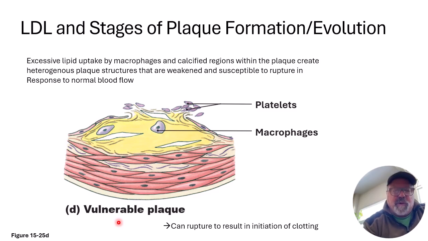Those are plaques that are vulnerable to rupture, and when they do, by releasing their contents into the bloodstream, they attract platelets and other blood clotting mechanisms to begin clot forming at the site of the ruptured lesion. And it's this rupturing of the lesion and clot formation that ultimately makes this situation the most dangerous, because the more clot is produced, it can then flow downstream and begin to block other arteries, either in the same vessel system or down in other parts of the cardiovascular system.